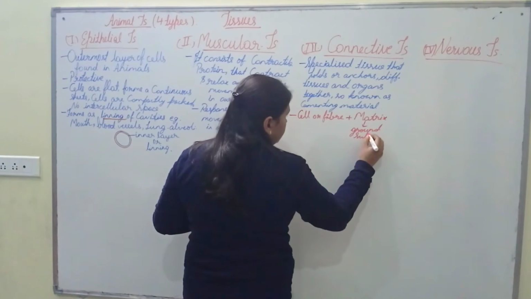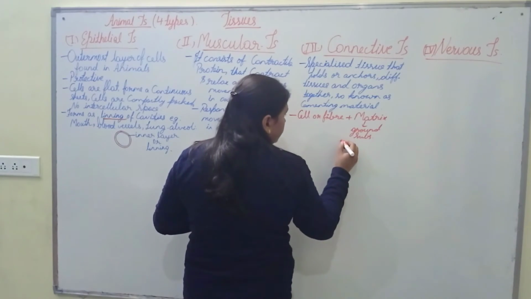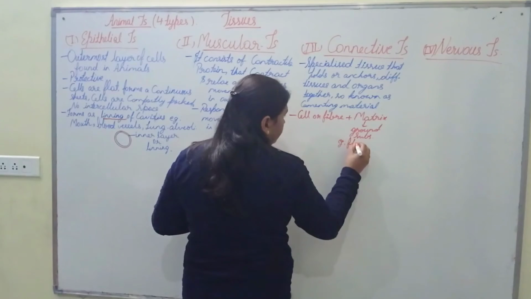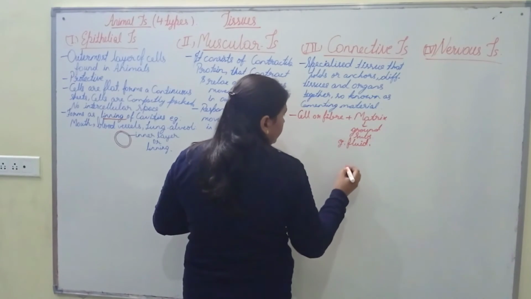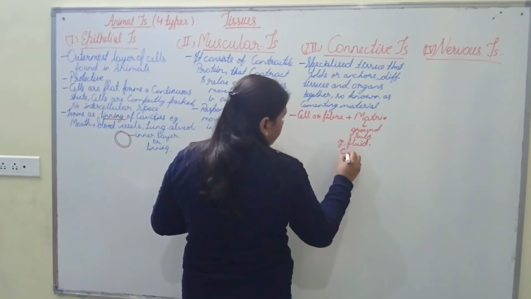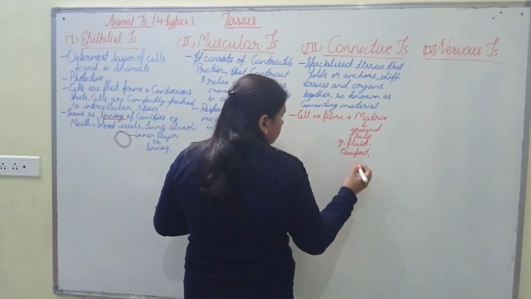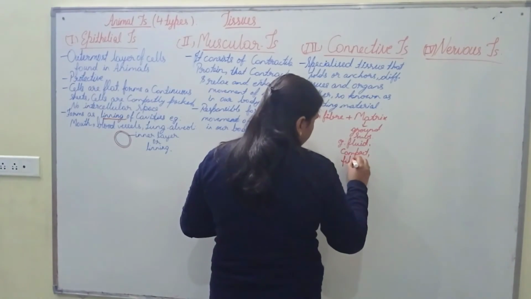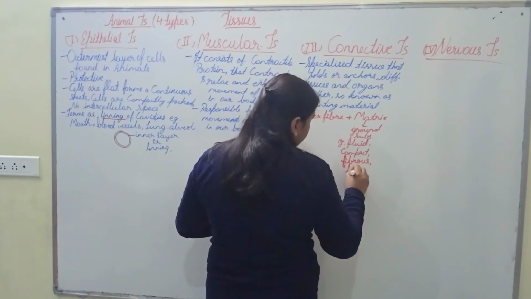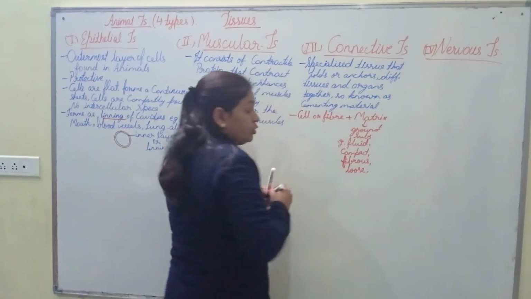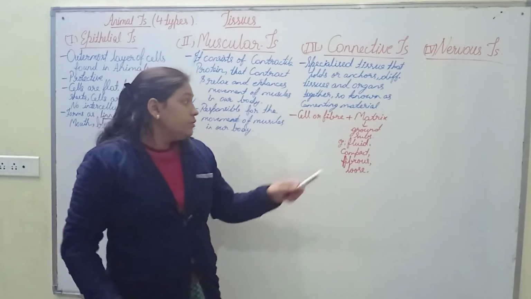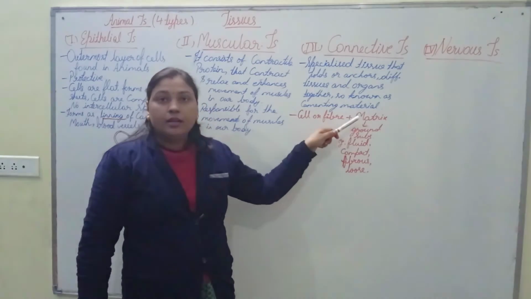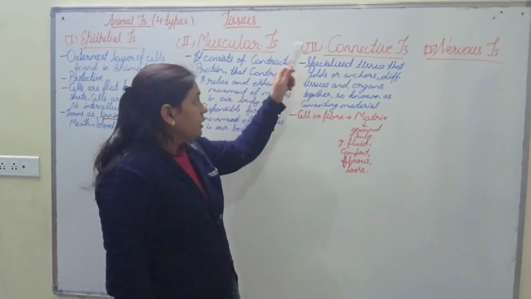This ground substance can be fluid, compact, fibrous or loose. So depending upon the nature of this matrix, there are four types of connective tissues.